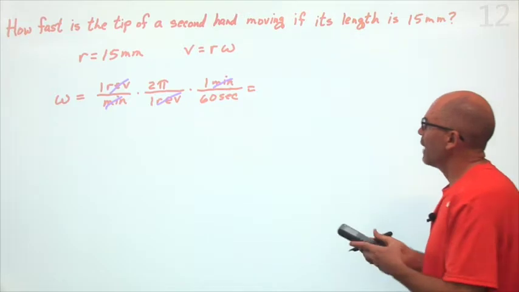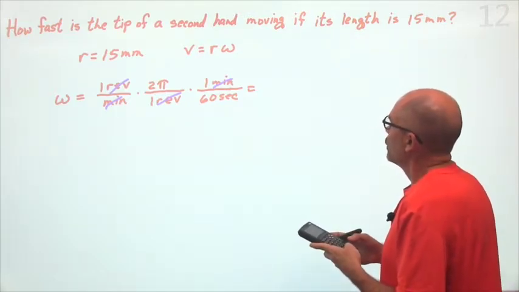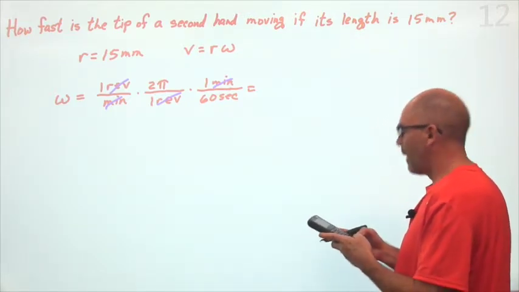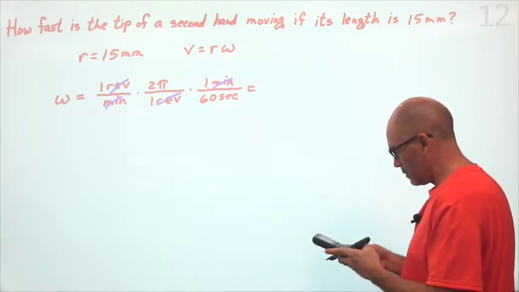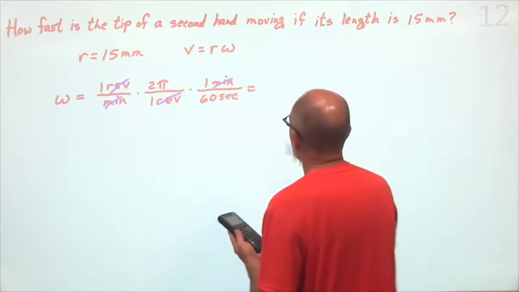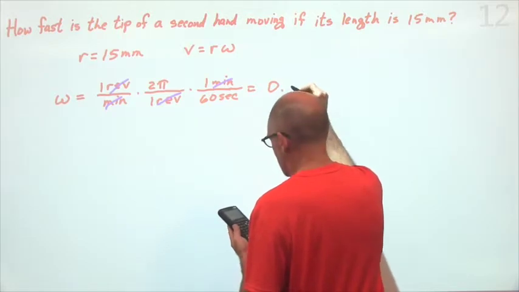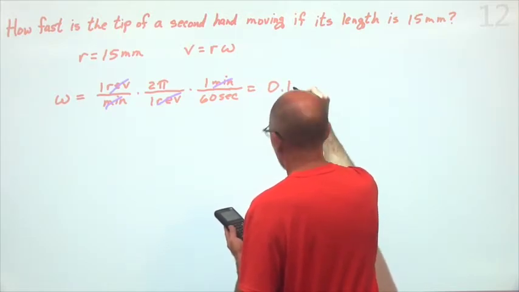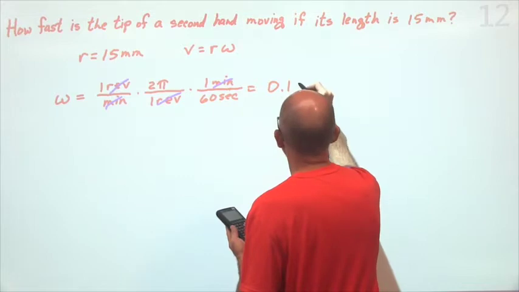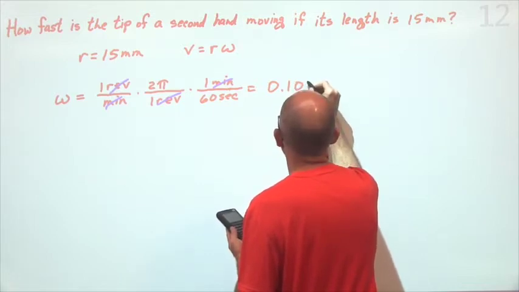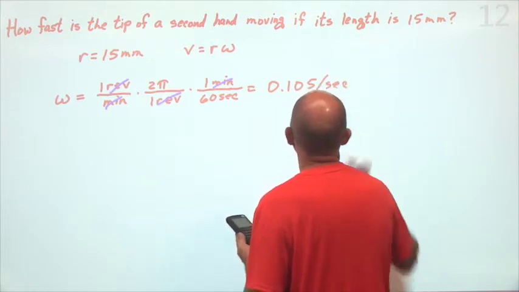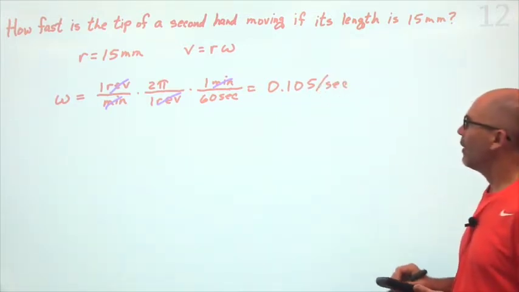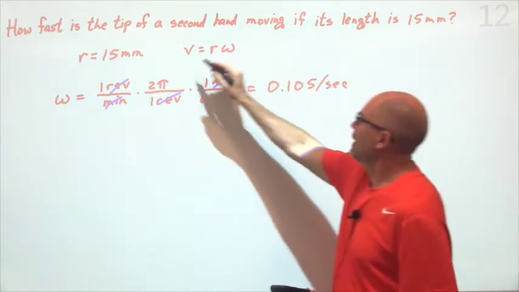So if I multiply this out, it's going to be 2 pi over 60, or just pi over 30, per second. So that's 0.1047. I'll just say 0.105 per second.